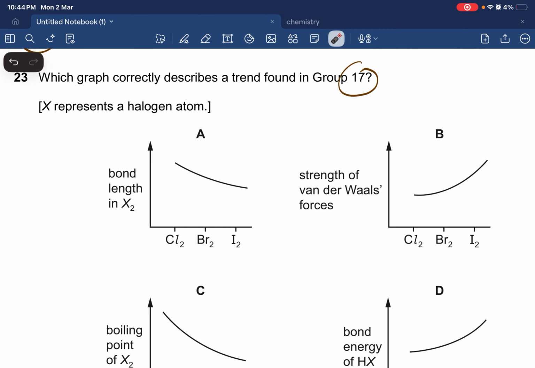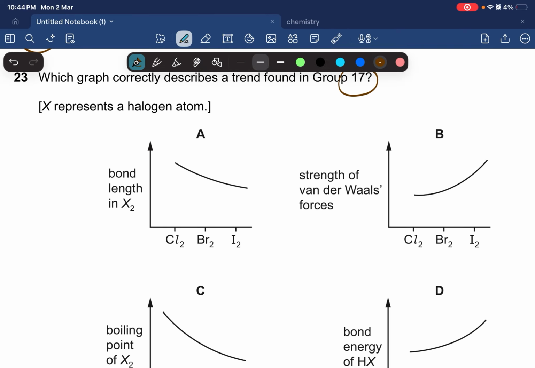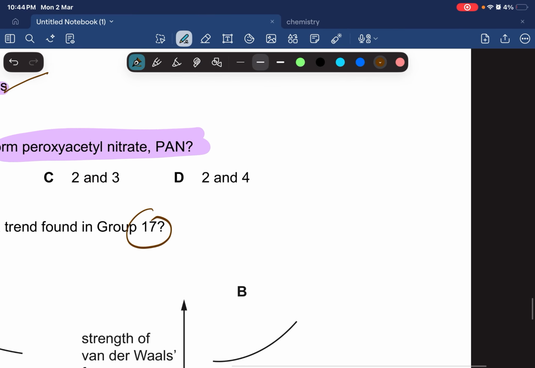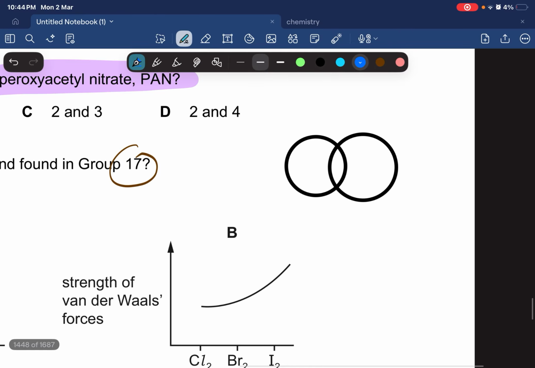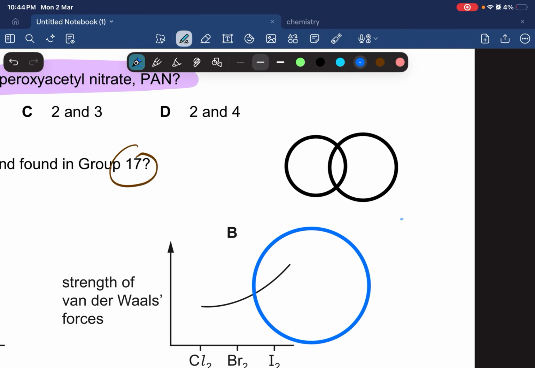Bond length in X2. Bond length is going to increase. Why? Because the size of chlorine is this, so that's the bond length of chlorine. But the size of bromine is going to be greater than that of chlorine, something like this, so the bond length is going to increase.